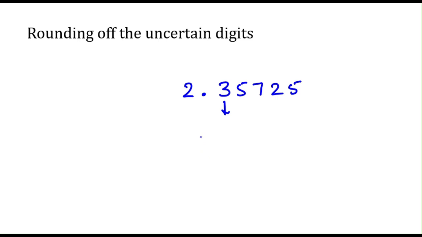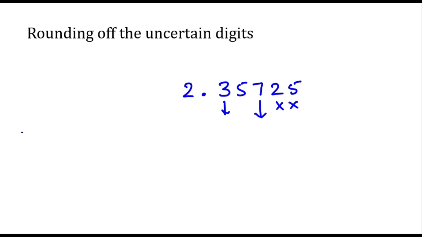If we have to round off this value up to four significant figures, then we have to keep up to here, and then we have to drop these two things. So there are some rules. How can we drop the things or the uncertain digits?